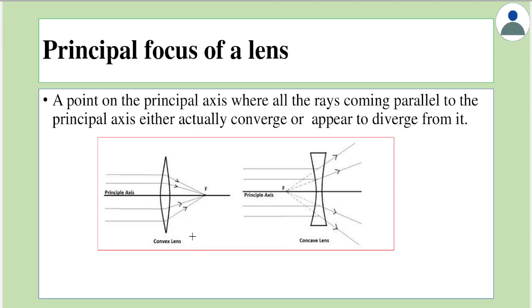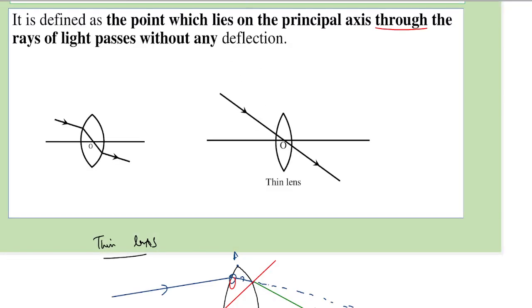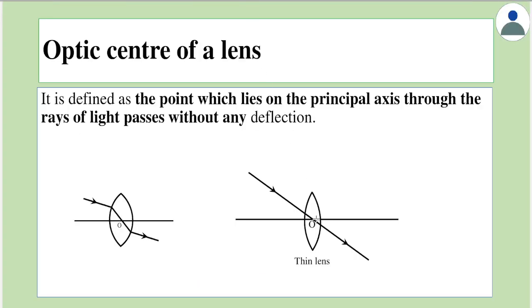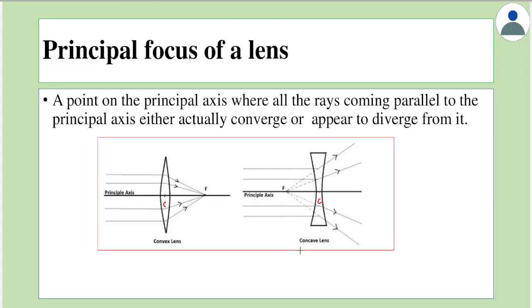As seen here, by sign convention, the reference point would be the optic center, which is here. So this is the reference point, we'll call it as C. Now recall what is optic center. An optic center is a point through which the light ray moves undeviated. Now in this case, by sign convention, light is moving from left to right.